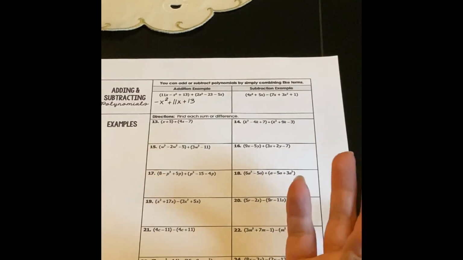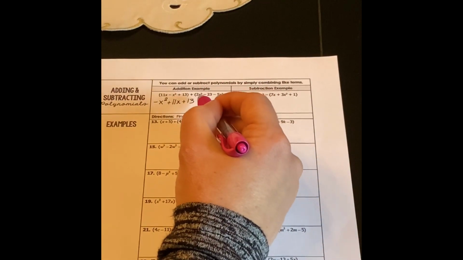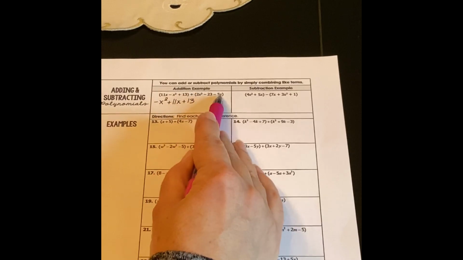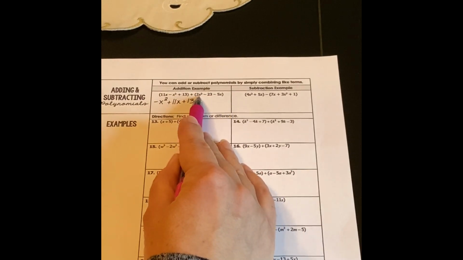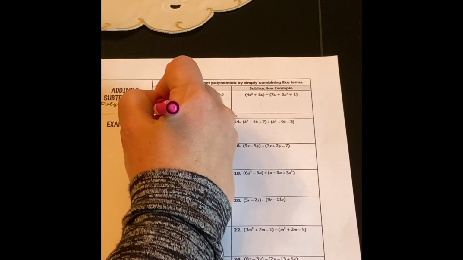Now I like to line them up vertically. You don't have to do this. It's just something that I find is easier to put them together. So now when I'm looking through my second polynomial, I see an x squared and I'm adding, so signs aren't going to change. So underneath this first x squared, I'm going to put a positive 2x squared.